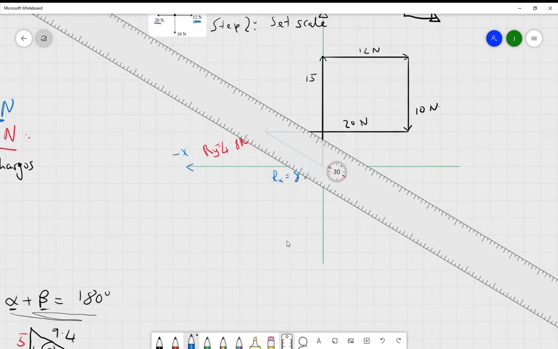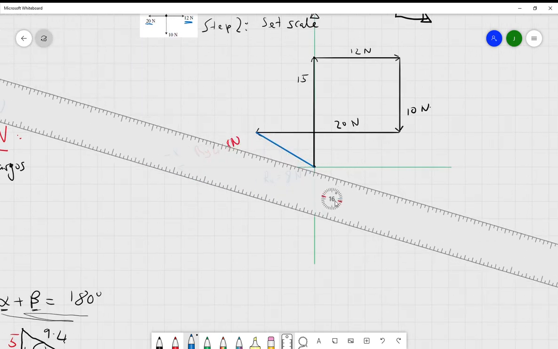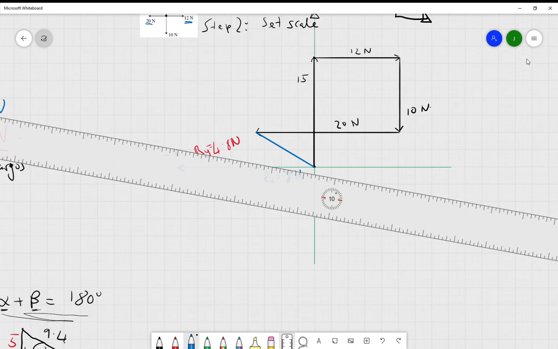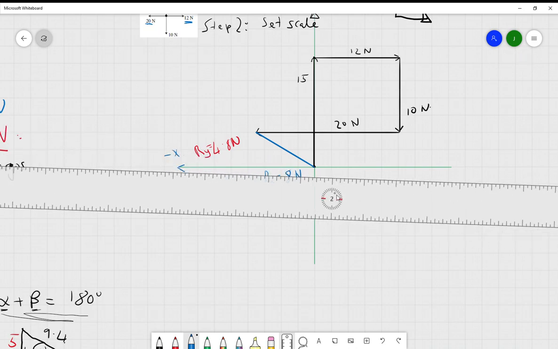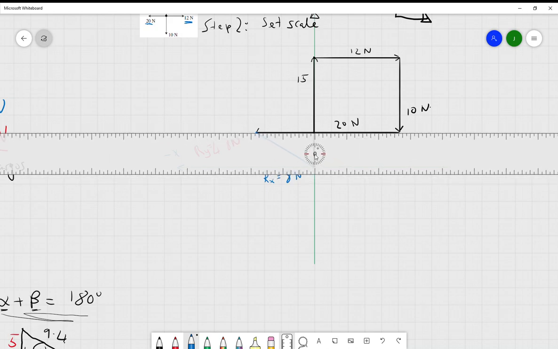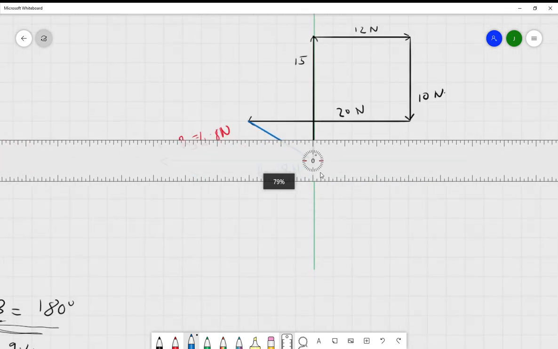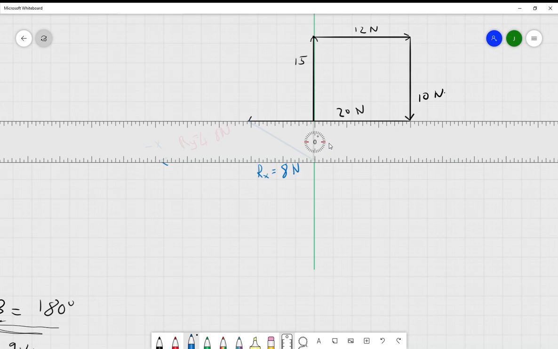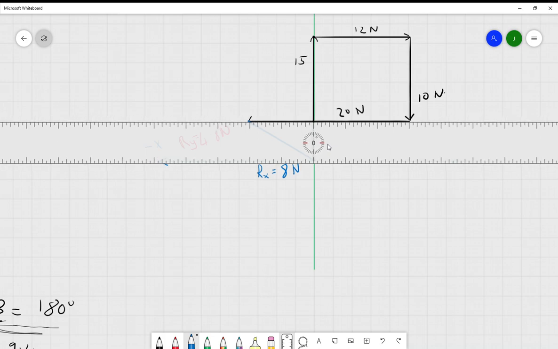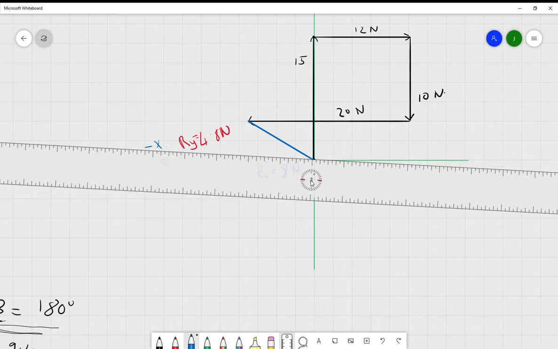I forgot that this doesn't work like that. Let's try and scale it back to what it was. It's about right, yeah, 8. Apologies. Go back to 31 there.